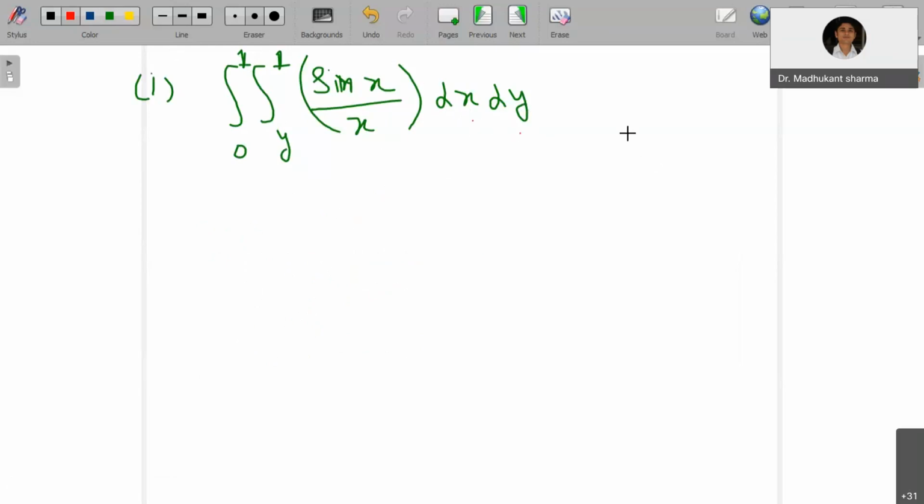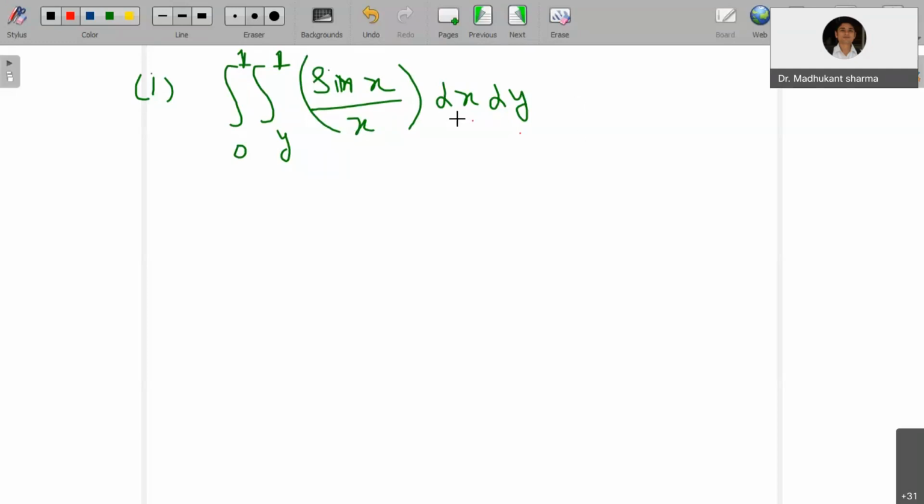Now, I hope it is well known that it is not easy to identify the antiderivative of a function like sin x by x. We cannot apply the fundamental theorem of calculus, some version of which you have seen in the case of a single variable.